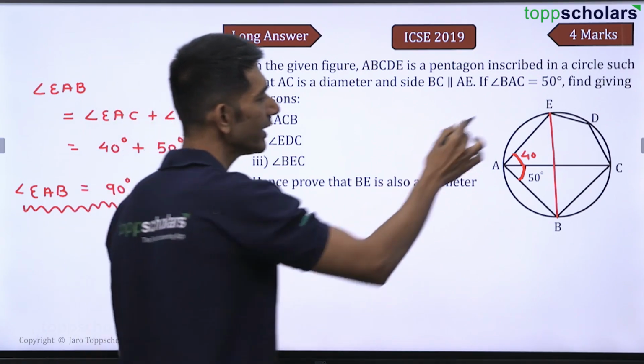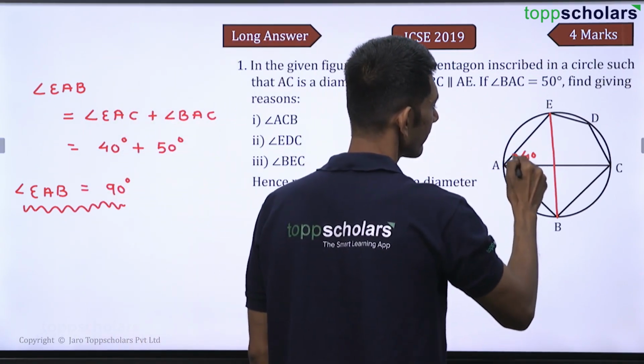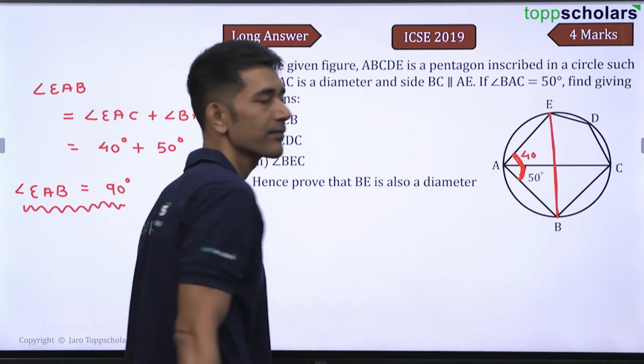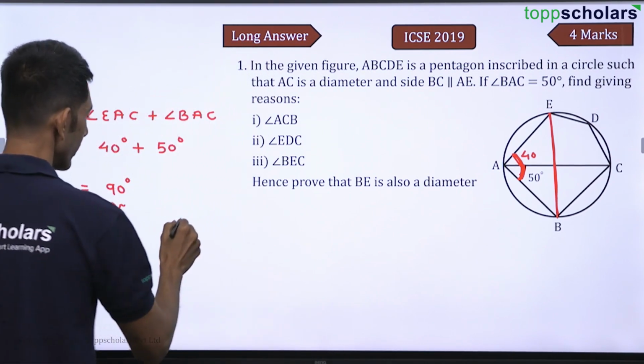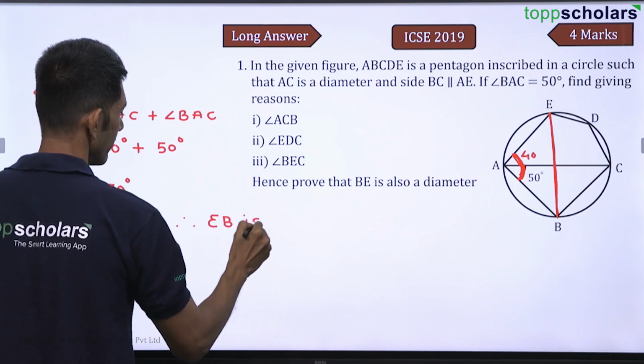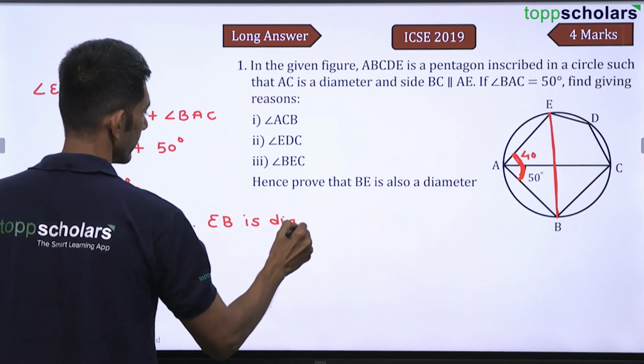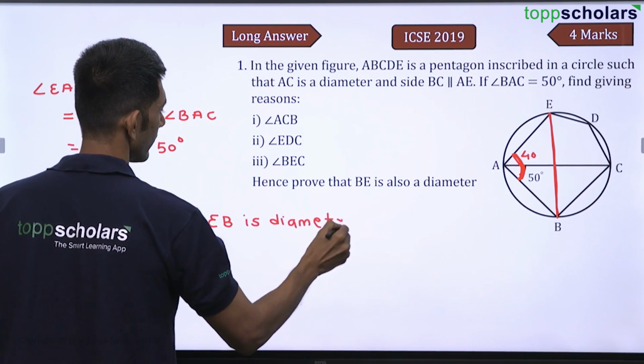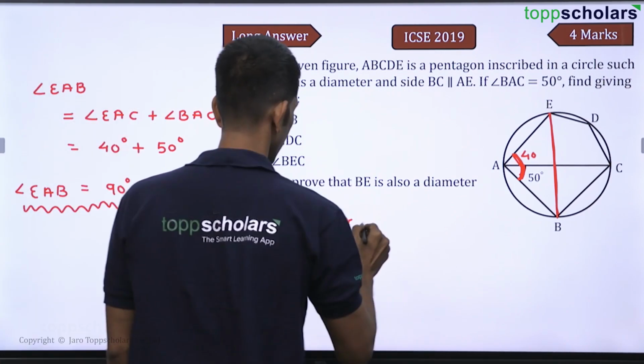Now if EAB is 90 degrees, what will be EB? Can I say therefore EB is diameter? Because what is the reason?